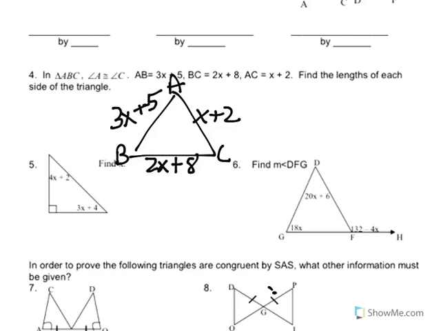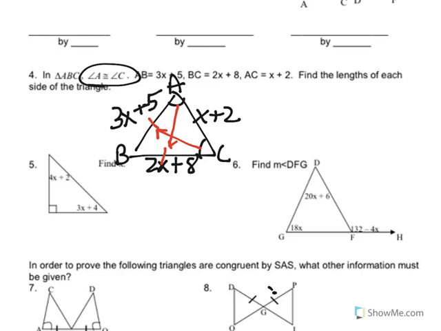AB is 3x plus 5, BC is 2x plus 8, AC is x plus 2, and we know that angle A is congruent with angle C, which is right here. Okay, well now we know by the isosceles theorem that if you have two angles that are congruent, their opposite sides are going to be congruent as well.